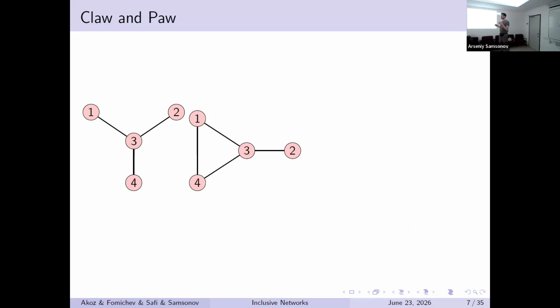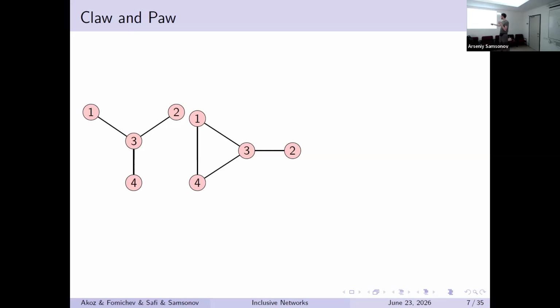Okay, so let me again give you these graph theoretic notions first, which will be essential for our results, but we don't claim that we discovered them. What you see here is called a claw, a star with three periphery agents, and 3 is important, it's exactly 3. And here what you see is a paw, a triangle with a leaf attached. What's the difference?